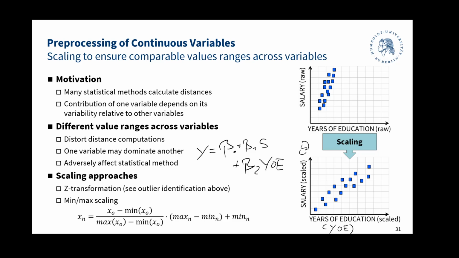If the data was not scaled, then the beta coefficient will embody two things. It will capture the strength of dependence between S and Y, but it will also address the different value ranges. And this will make it slightly more difficult for a human to compare which variable is more important.